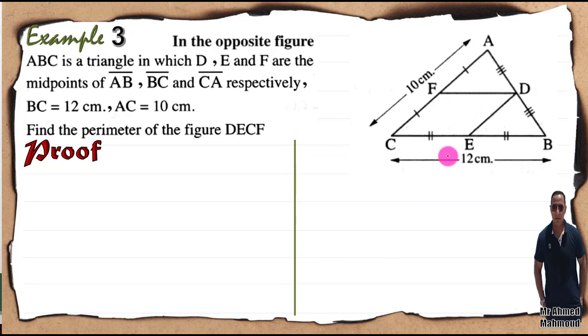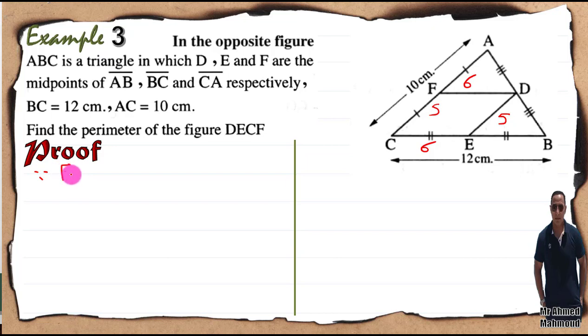Therefore, FD equals half BC equals 6 centimeters. Also CE equals 6 centimeters, and ED equals half AC equals 5 centimeters. Also FC equals 5 centimeters. Don't forget that this shape is a parallelogram because its two opposite sides are equal in length and also parallel.